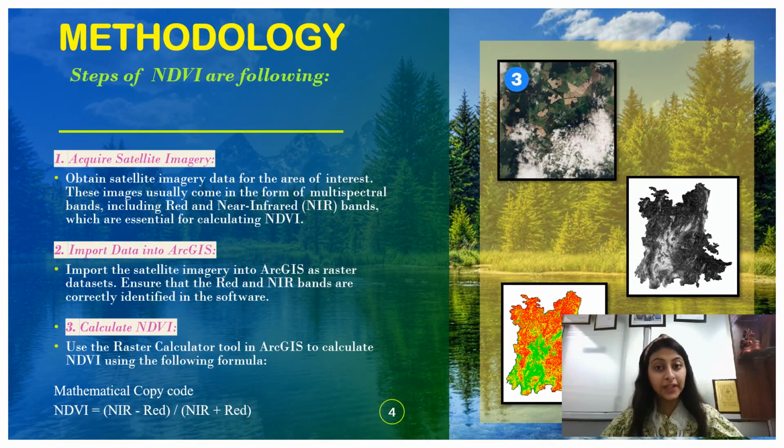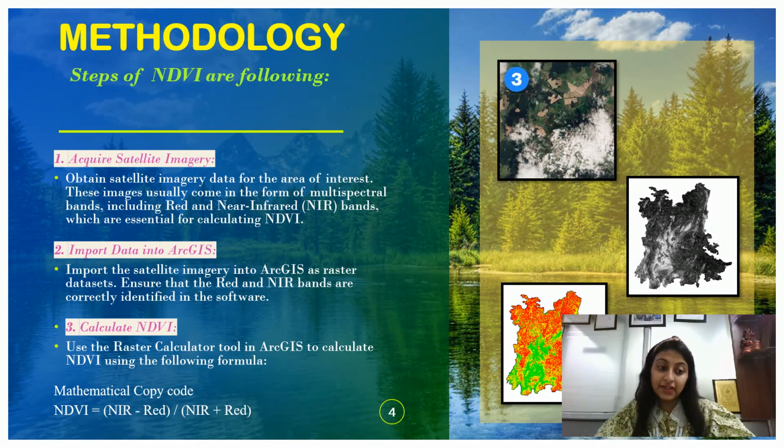We have to go to USGS Earth Explorer for collecting our satellite imagery data. These images usually come in the form of multispectral bands, and we also ensure that they include the red and near infrared bands, which are essential for calculating the NDVI.